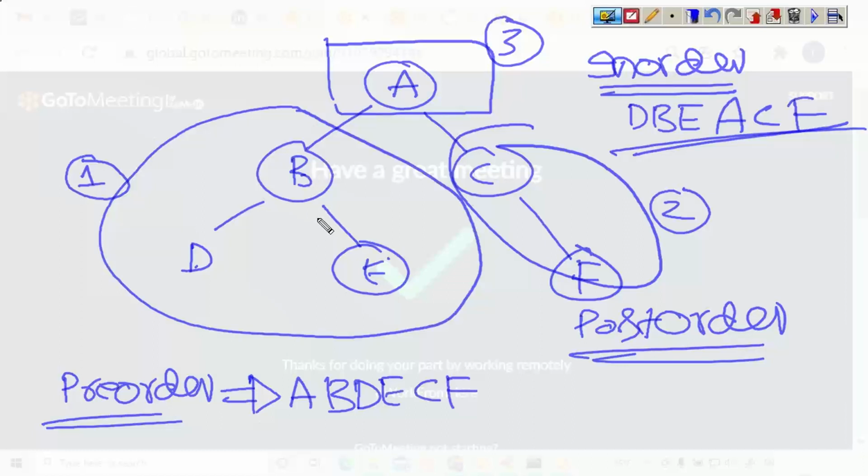First D has to come, then E has to come, then B has to come, then right side root. In the right side root also same. First left child, there is no left child, then right child. Then the root. Left got over, right got over, then root. Understood everybody?